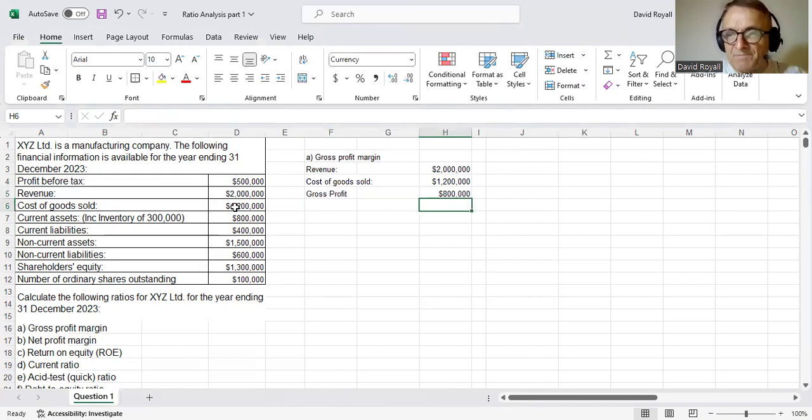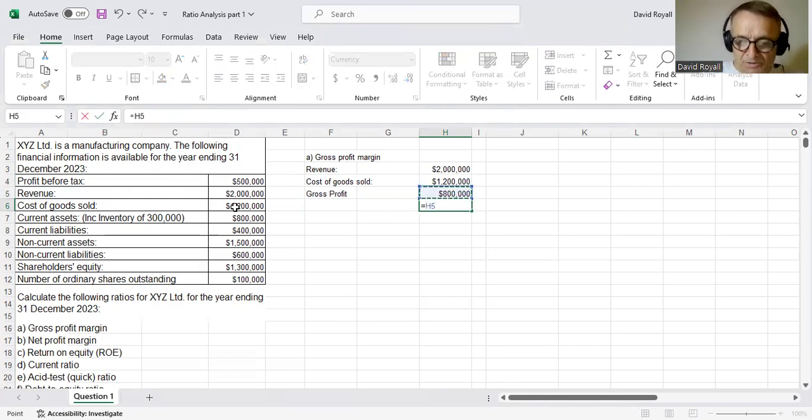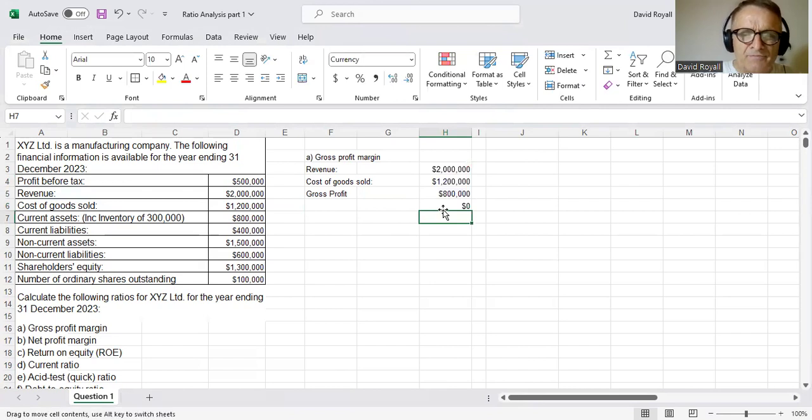Now, the reason for expressing it as a percentage is we want to see the relative profit against the revenue. So we just take the gross profit, divide that by sales, and most important, express it as a percentage. So we can see that we've got a figure of 40%.